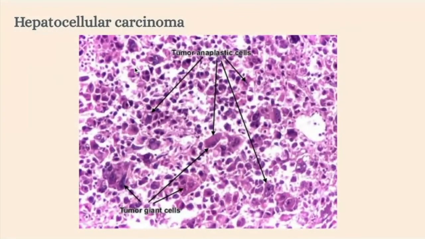Okay, this is an example of hepatocellular carcinoma. You can see tumor anaplastic cells. Anaplastic means not uniform in shape, with changes in the shape and size of the normal cells, and tumor giant cells, and it is not organized as normal cells used to be.